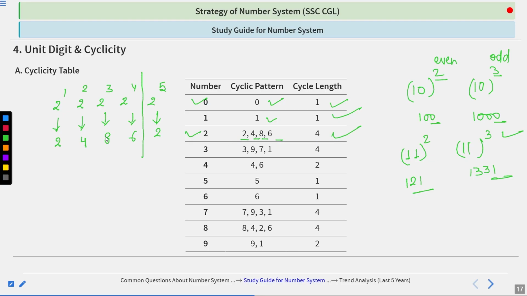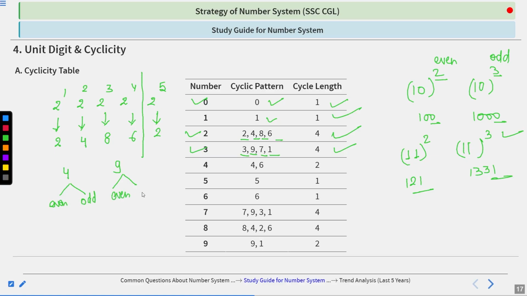In the same way, for 3 the cyclic pattern is 3 for power 1, 9 for power 2, 7 for power 3 and 1 for power 4, and the cyclic length is 4. But when we move to 4 and 9, their cyclicity is 2. It depends only on whether the power is even or odd.